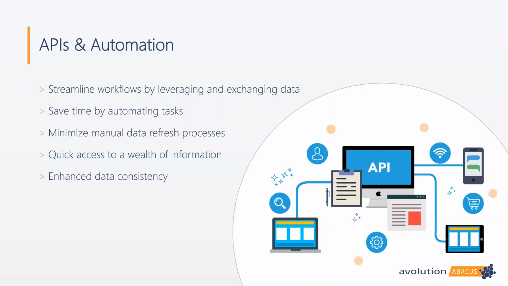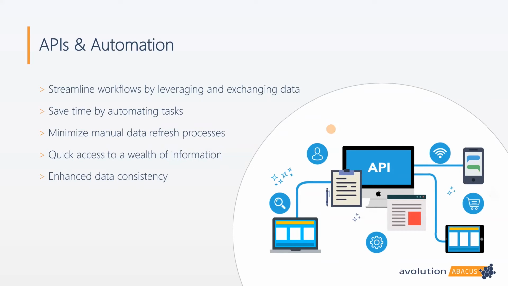Another way to ensure smooth data integrations is by having a REST API. This is going to allow data from a huge range of common sources to be exchanged with your repository. The first stage of this is to find the endpoints that will give you the data that you're after. Automations and APIs also allow any user to streamline workflows by leveraging and exchanging that data, again, helping save time.